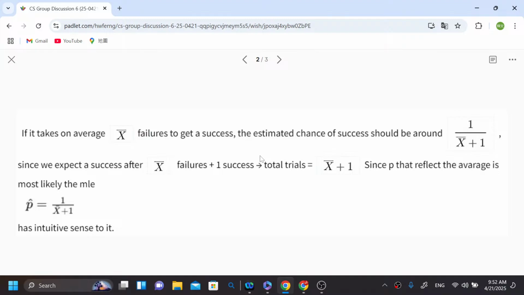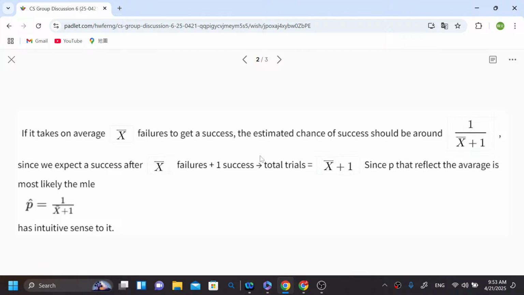Yes, so this is the mean, not the sample mean. I have the wrong sign there, but it should be around the mean number of failures to get a success. So the chance of a success should be around 1 over x plus 1, or the mean plus 1. Since we expect the success after x failures plus 1 success, the total trials is x plus 1.